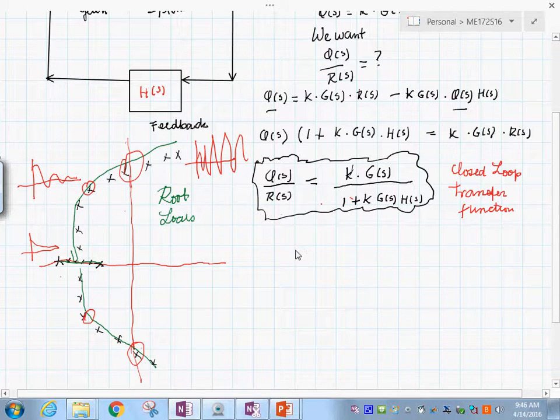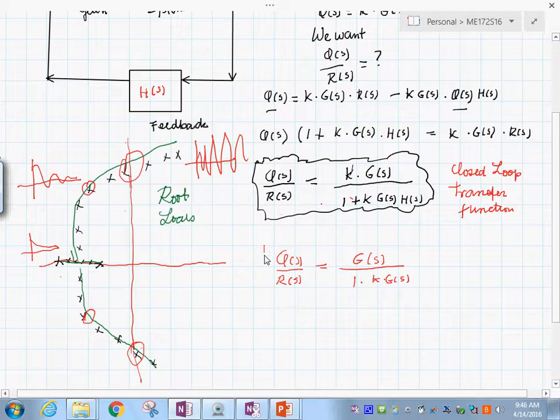We can. If h is equal to 1, we will have that the output of s over the input is g of s divided by 1 plus k times g of s.